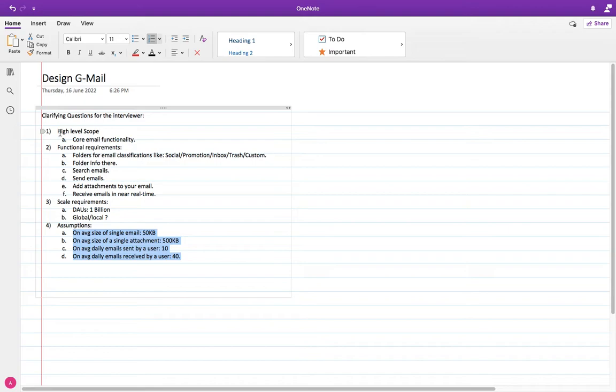Definitely we now have the scope, we have the functional requirements, we have the scale and scale specific assumptions. What next? So there are a couple of things you would want to focus on from a system design perspective, and definitely this is something you should come up with from your common sense, like how the system should actually be.